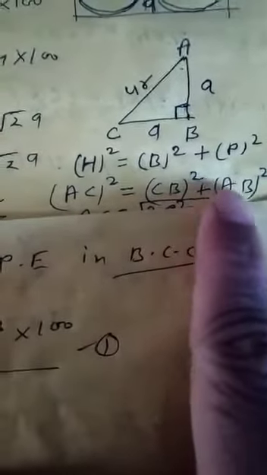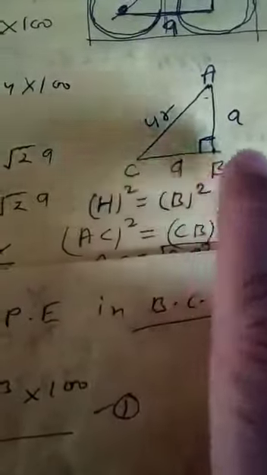So AC square is equal to CB square plus AB square, and CB and AB are equal to what? A. So if we solve this, AC square is equal to A square plus A square. So AC is equal to what? Root of 2A square. So AC is equal to root 2 A.